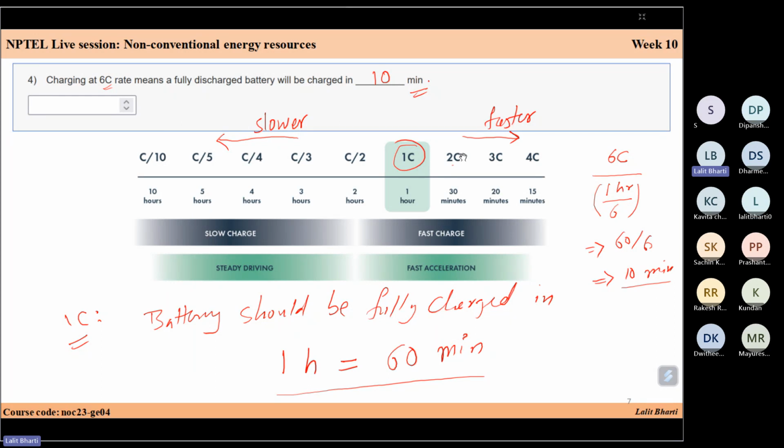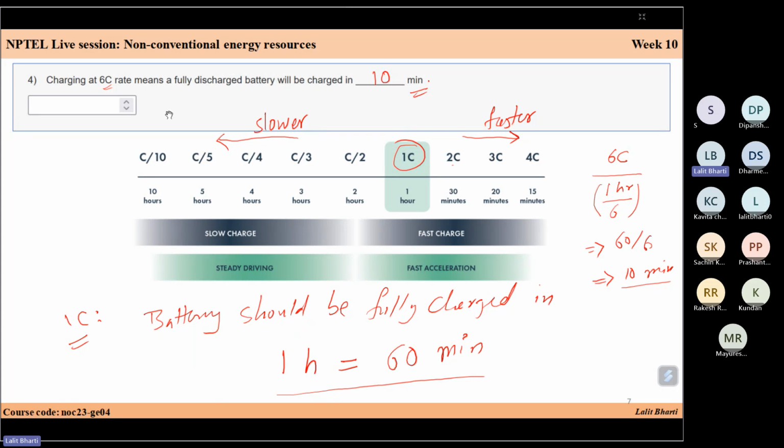So keep it in mind, you should charge your batteries as slow as possible, whatever time you have, to maintain their life and capacity.